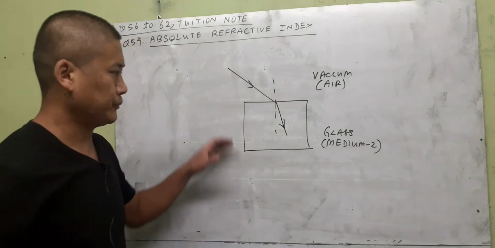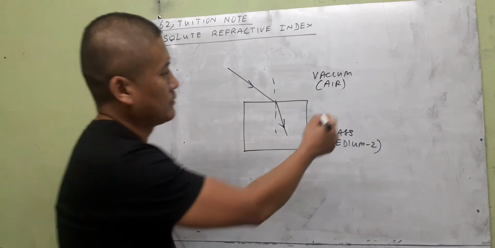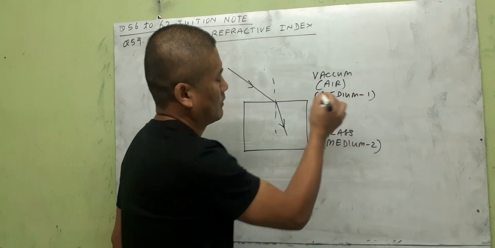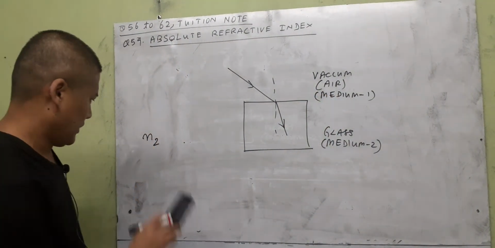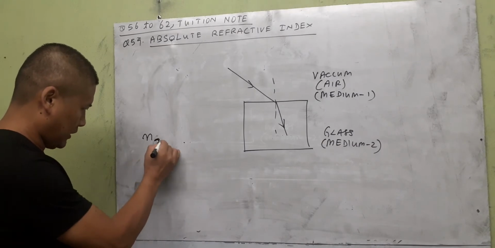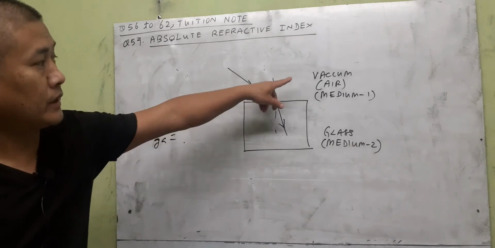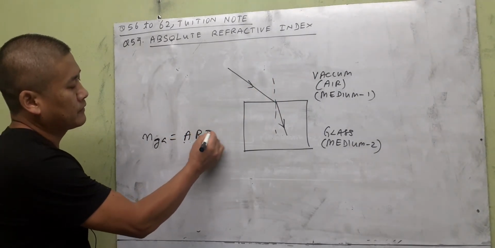In that case, the refractive index of the second medium, this is medium 1, that is N2, that is glass. That means you can also write here glass to air, meaning the refractive index of glass is calculated by comparing with air or vacuum, that is called absolute refractive index.